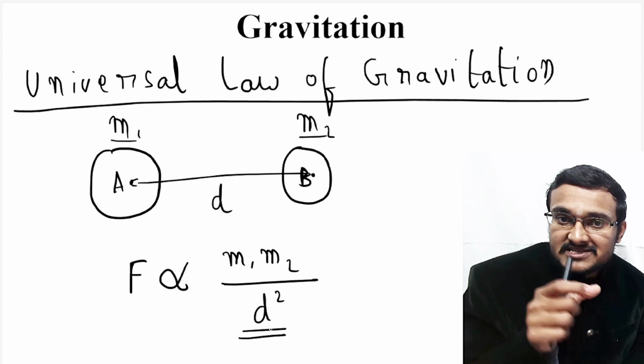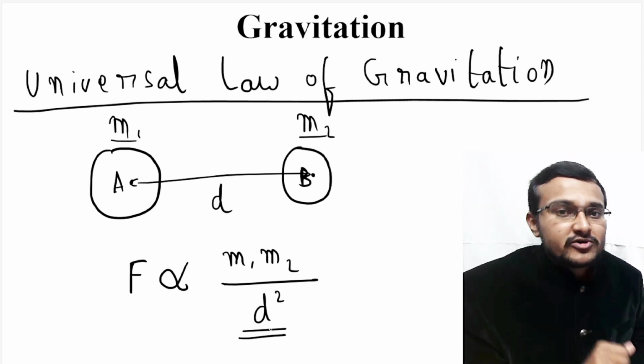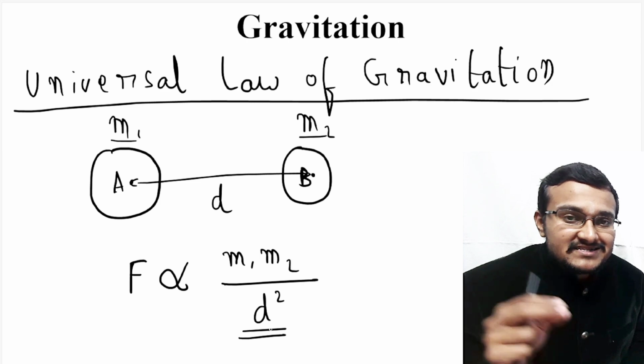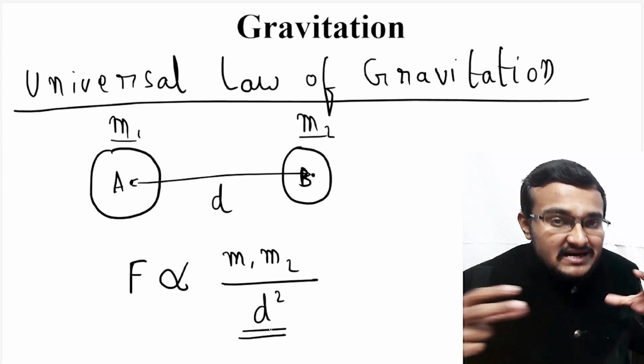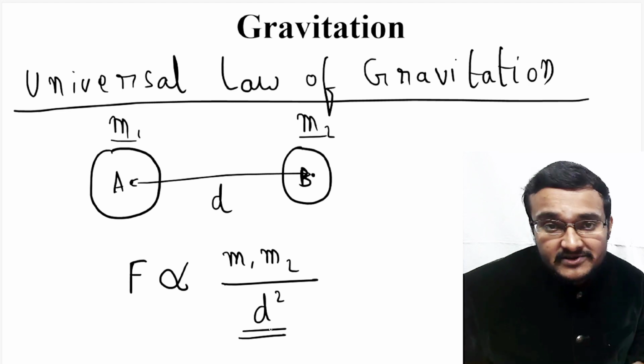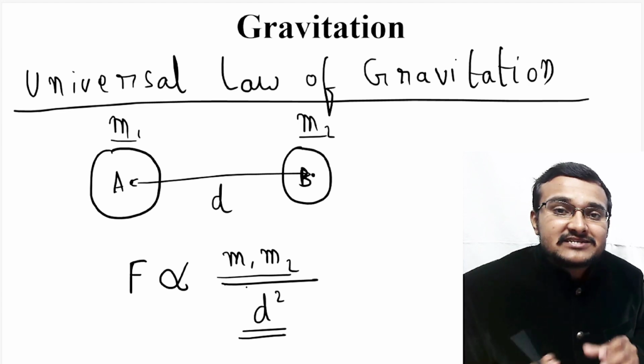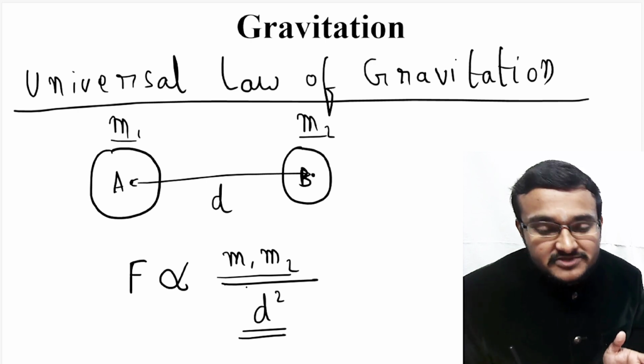Similarly, if the mass of both the objects or either of the objects is increased, then the gravitational force will be more, because gravitational force directly depends on the product of masses of the objects.